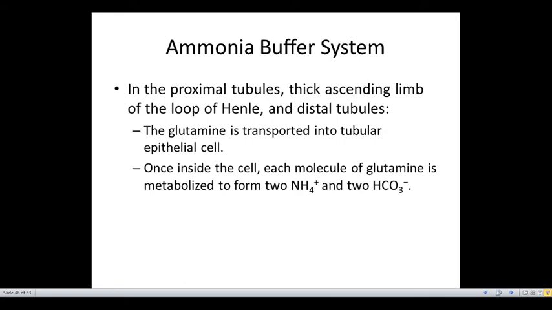In the proximal tubules, thick ascending limb of loop of Henle and distal tubules, the glutamine is transported into the tubular epithelial cell, and once inside this cell, each molecule of glutamine is metabolized to form 2 ammonium ions and 2 bicarbonate ions.